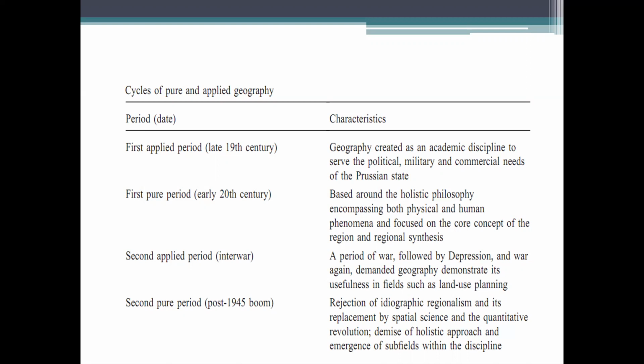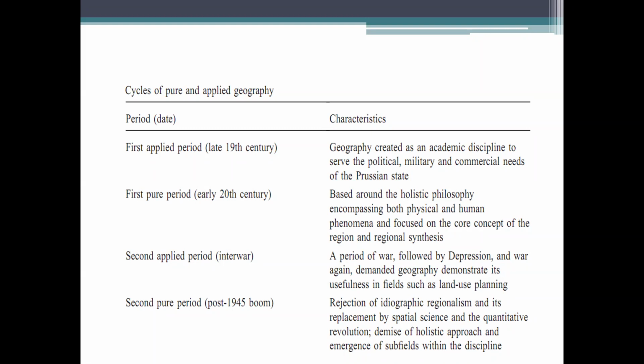Then, after that, again pure period started with the blessings of quantitative revolution and introducing different models, integrated models, so and so forth.